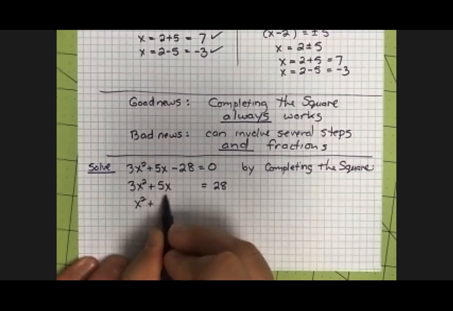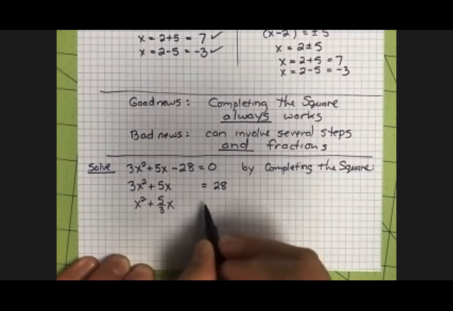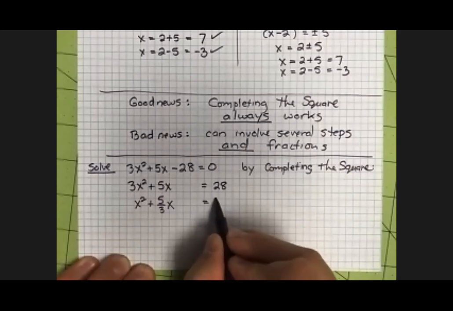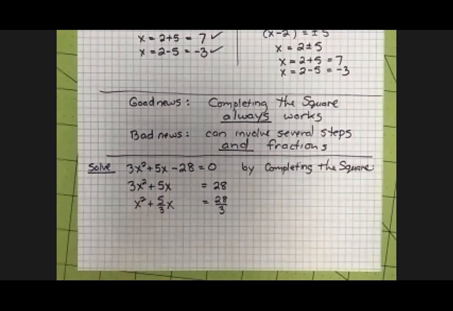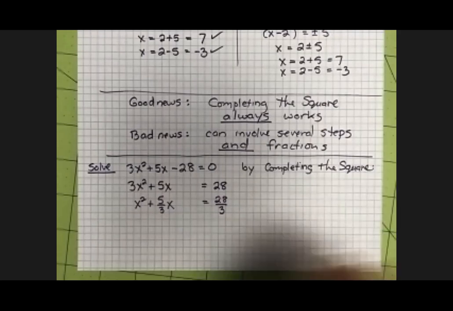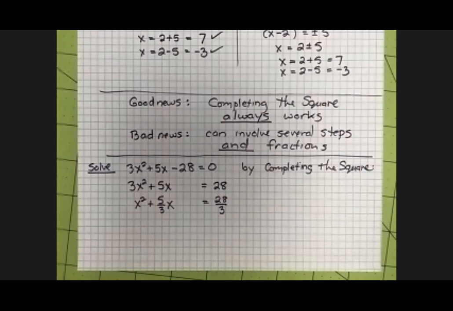If I divide 5x by 3, I get 5/3 x. If I divide 28 by 3, I get 28/3. And this is the reason why people don't always enjoy completing the square, because I got to get some fractions in here sometimes.